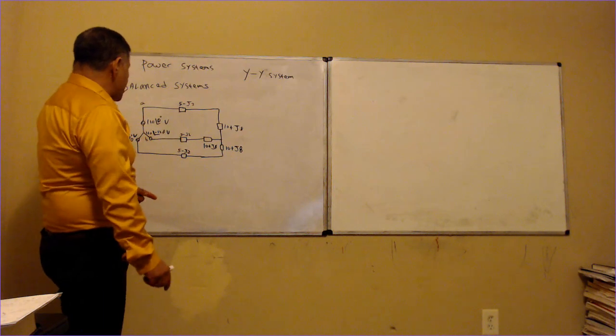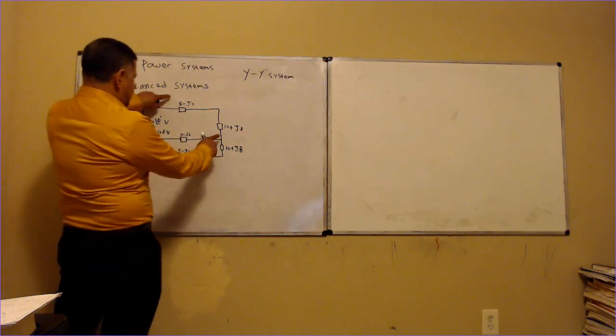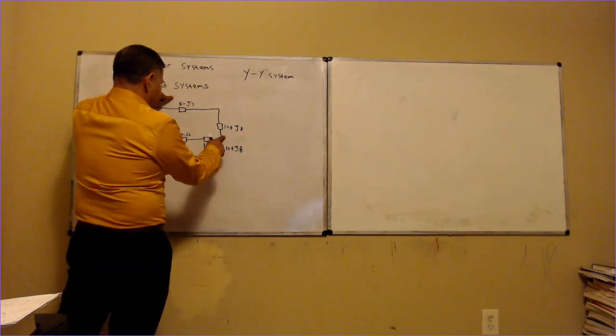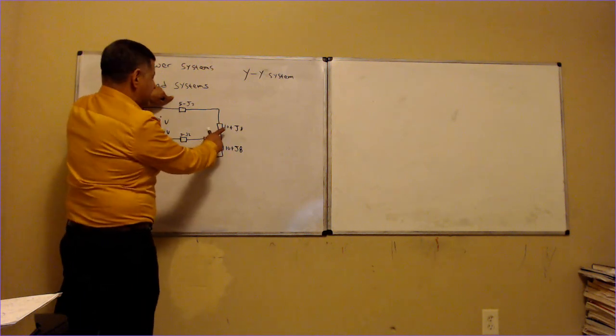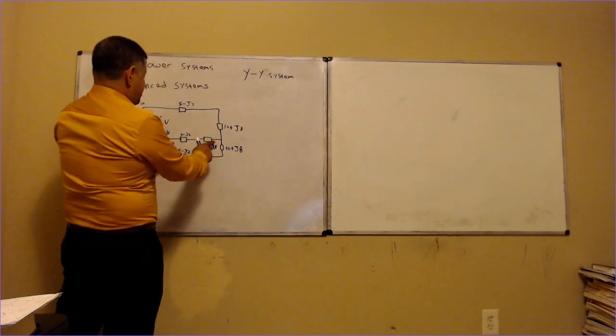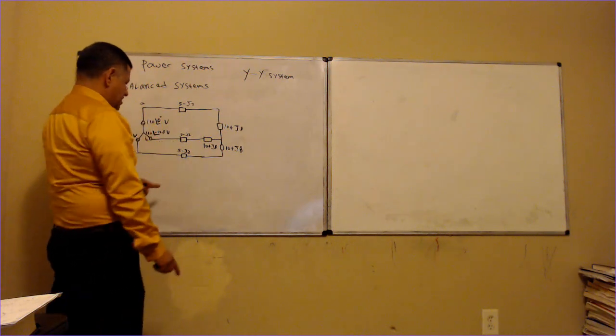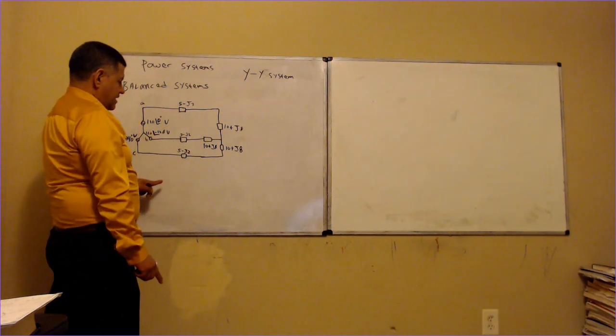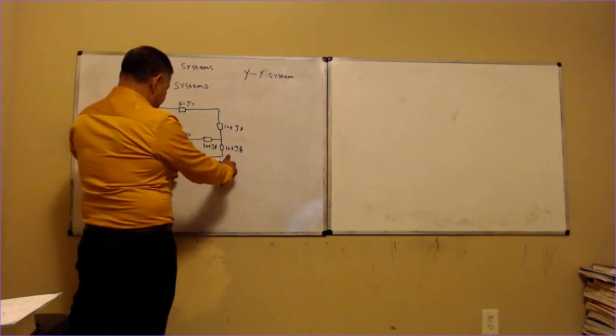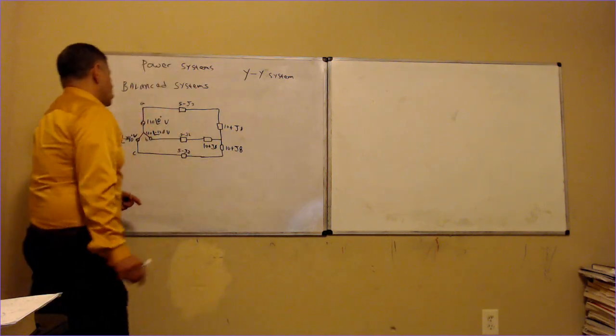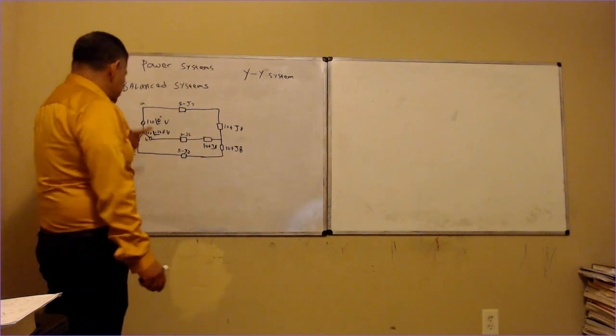So we know that this point and this point, those are two impedances in series. Also, those two impedances are in series, and this point and this point, they are also in series. So well, we can do that. How can we do this, right?